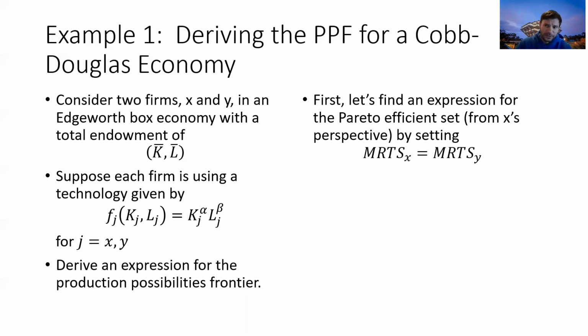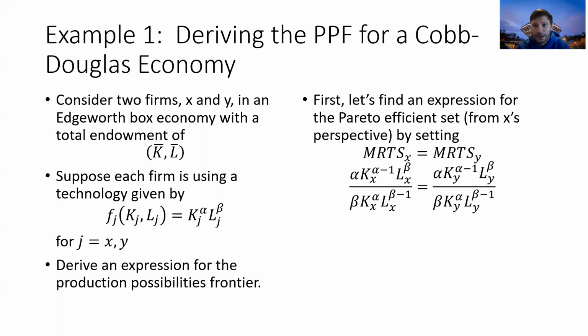Hopefully this is not too much of a stretch that if we had to calculate the MRTSs, we're going to take the marginal product of capital divided by the marginal product of labor, and that would give us the MRTSs.